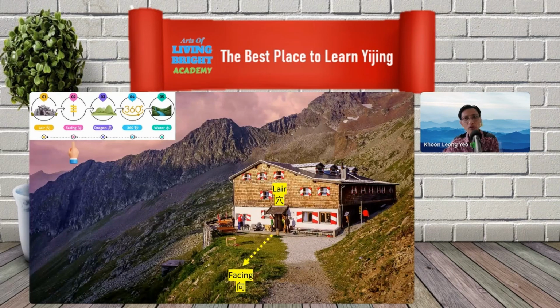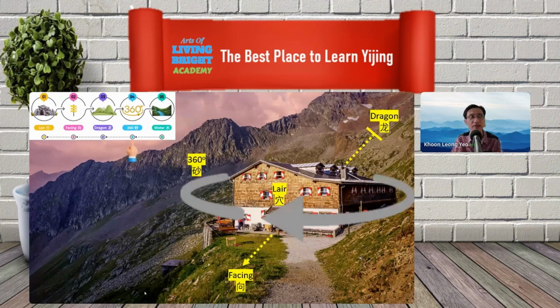Once you establish the bright hall, that is the facing, called the xiang. Then you can also establish the back dragon, the lai long. Once you know the facing, 180 degrees behind is the back dragon. Once you establish the back and the front, you know the left and the right. The 360 basically means here the left dragon and the right tiger.